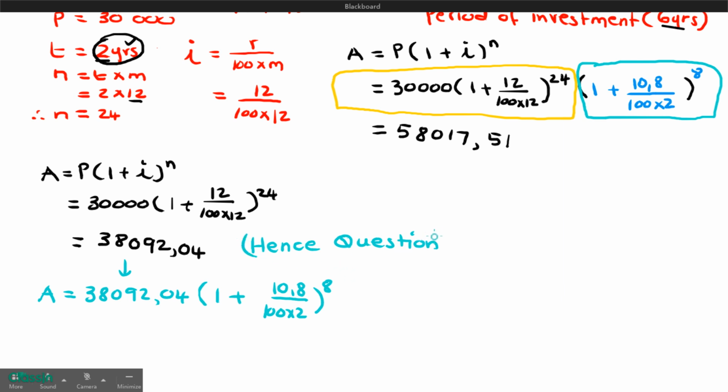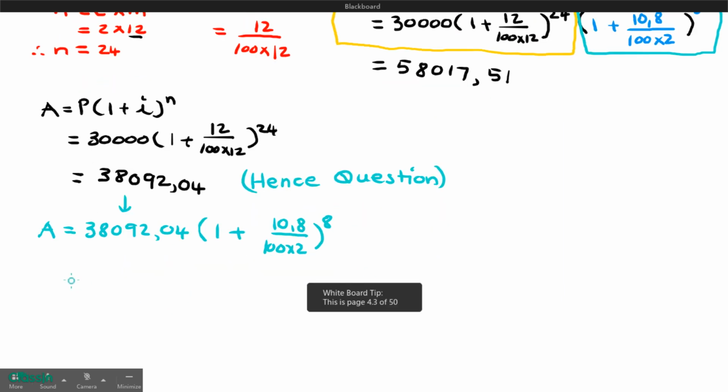And once you press this on a calculator, you'll find that you have 58,017.51. So you can do it like this or you can do it like that. It only depends on the one that you understand best. So this is how you find the final value of the investment after 6 years.